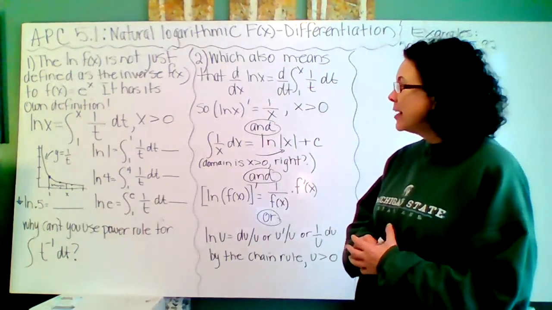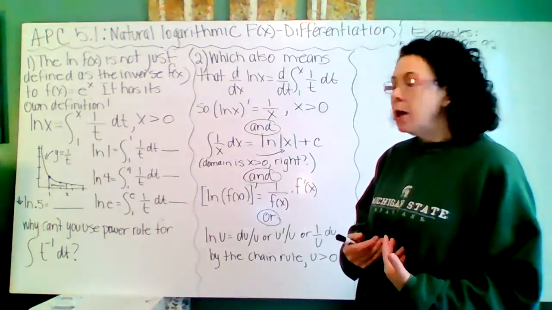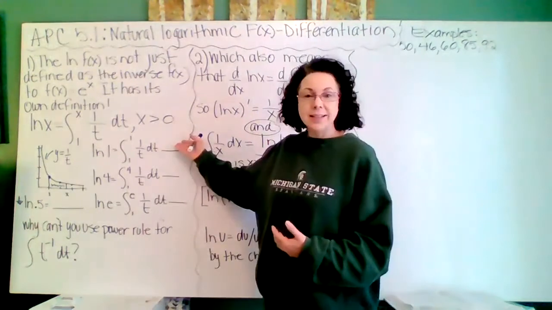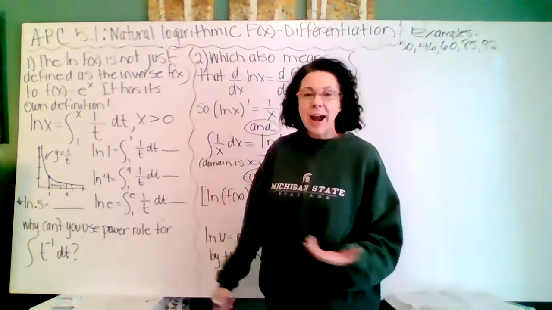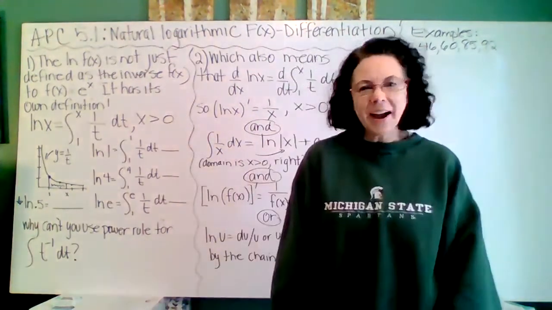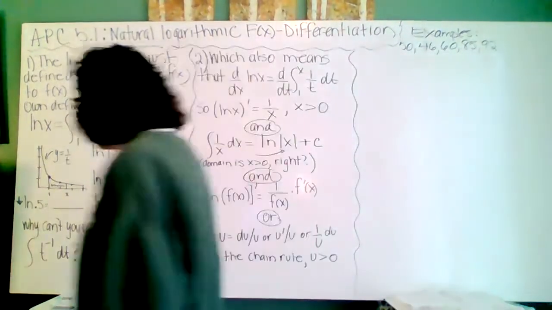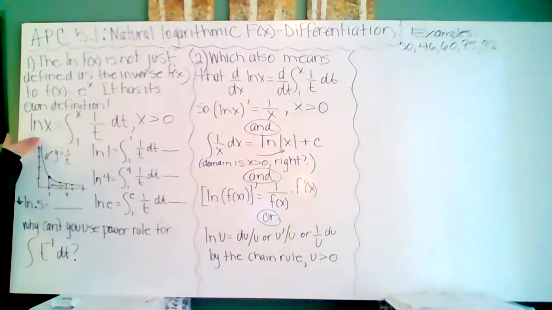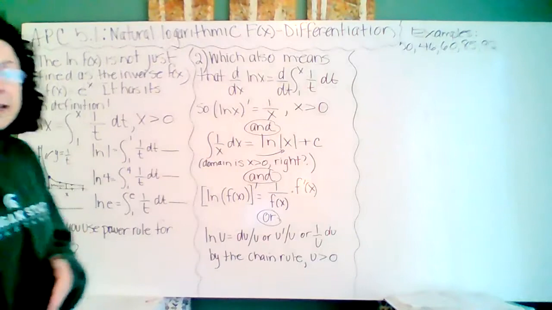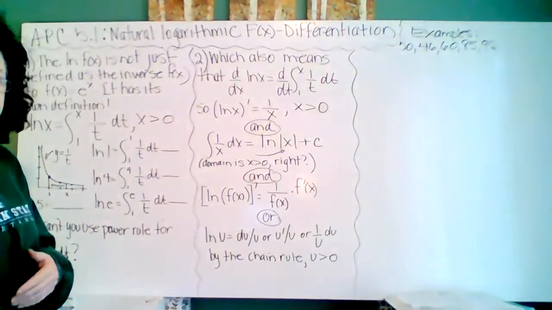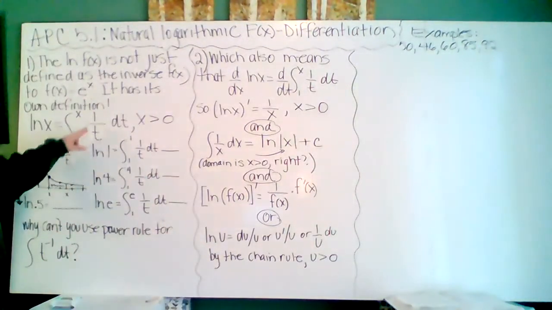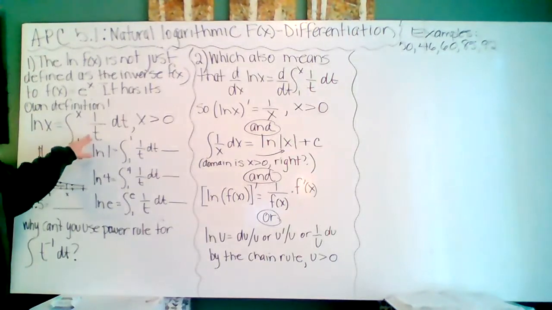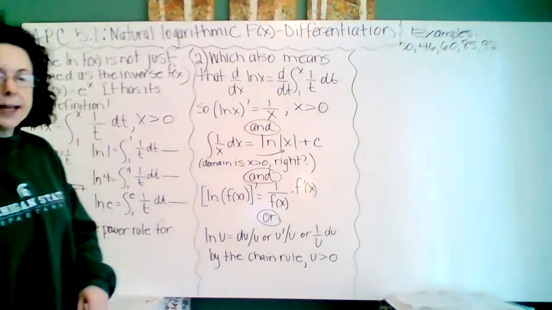We just couldn't explain that to you until now because its definition is calculus. So I find this fascinating. I hope you do too. So what the natural log of x is, it is the area between the function 1 over t, the rational function. You know what that looks like, right?